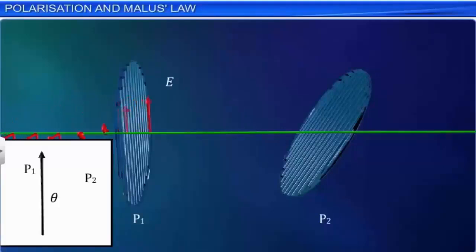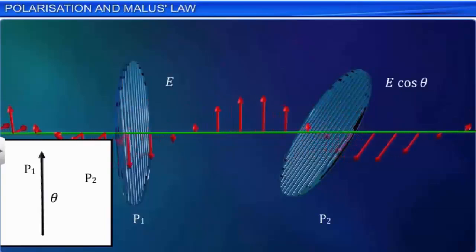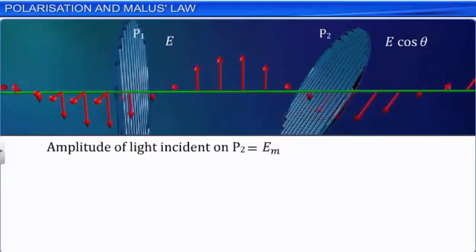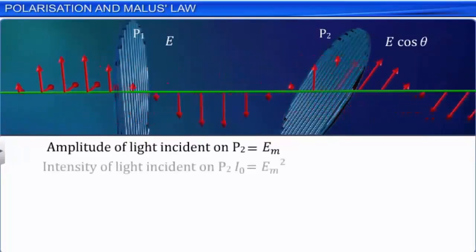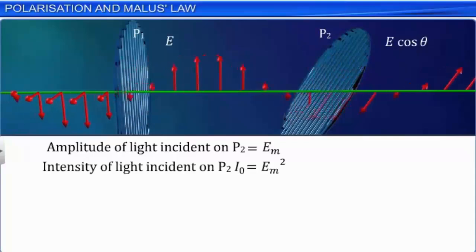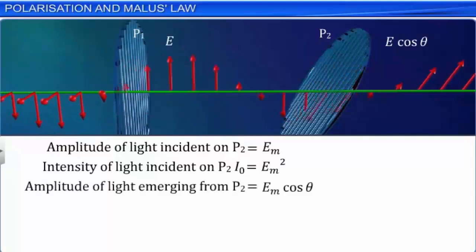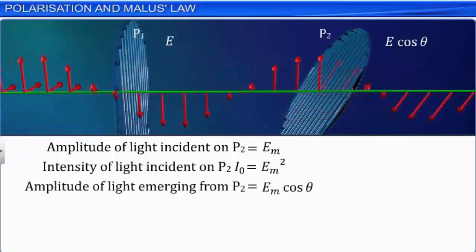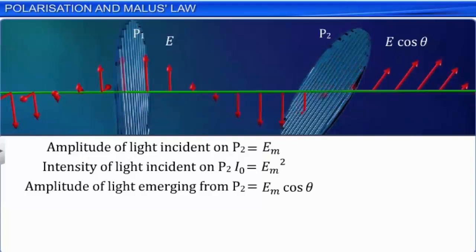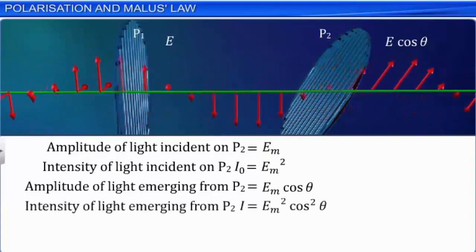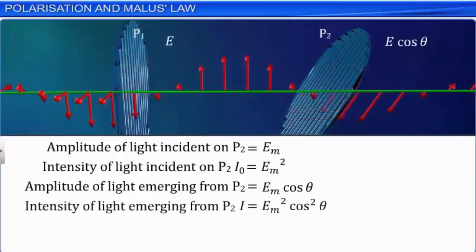the component of E parallel to the pass axis of the Polaroid P2 is equal to E cos theta. If EM is the amplitude of the light incident on the Polaroid P2, then its intensity I0 is equal to EM squared. The amplitude of the light emerging from the Polaroid P2 is then equal to EM cos theta, and the intensity of light I emerging from P2 is equal to EM squared cos squared theta.